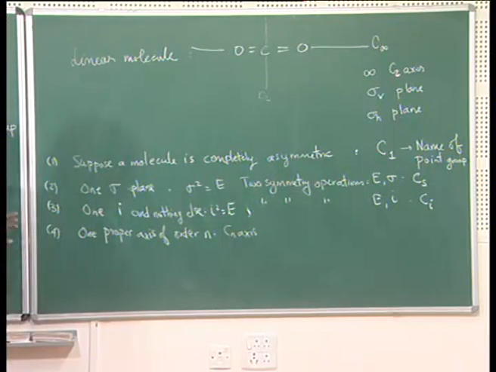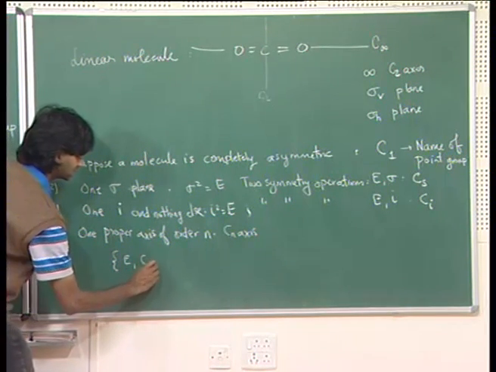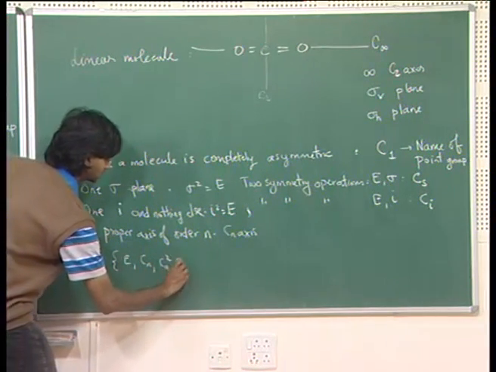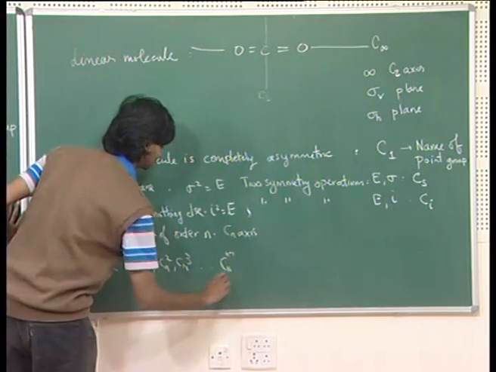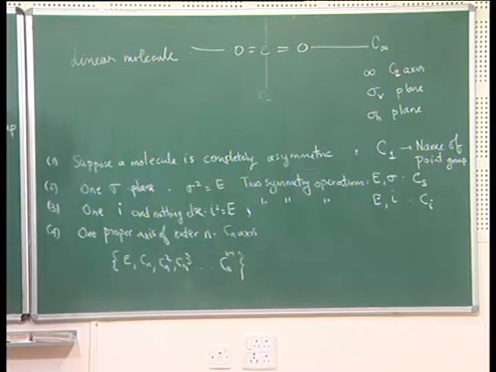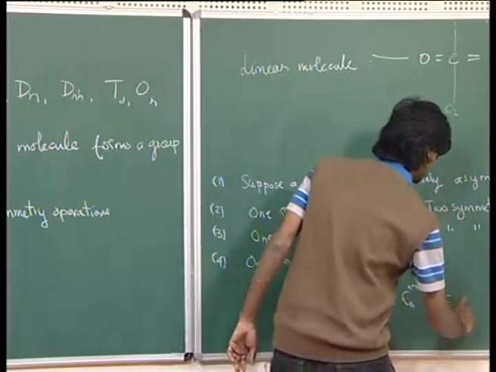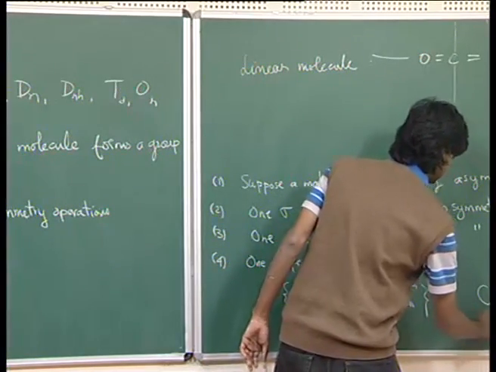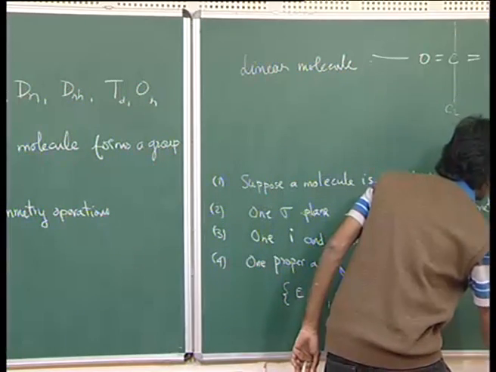Now, the operations in this case are E identity, Cn, Cn square, Cn cube, all the way to Cn n minus 1. So, if the molecule possesses only these symmetry operations, then this group is called Cn. So, Cn is the name of the point group again.